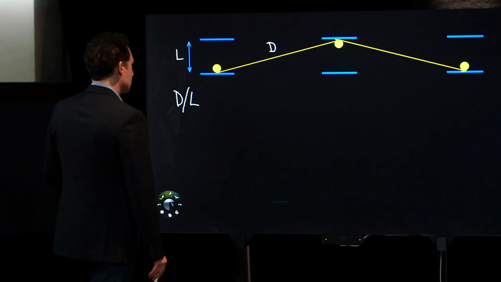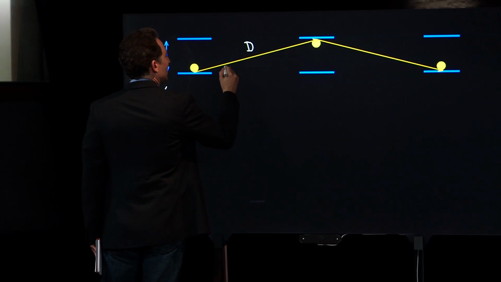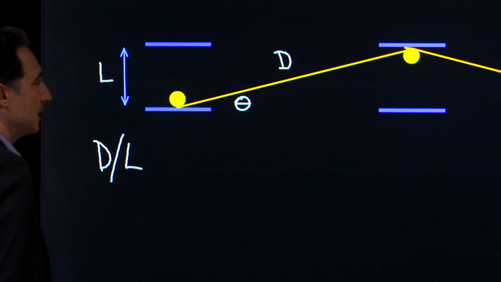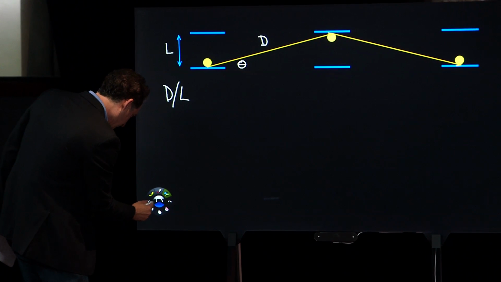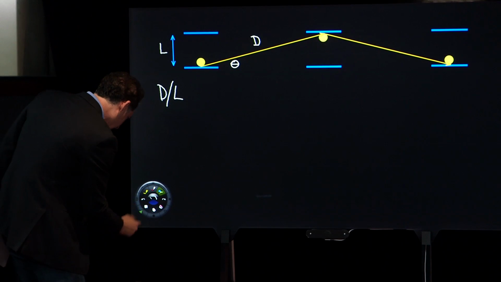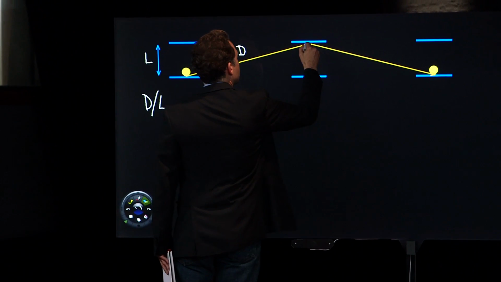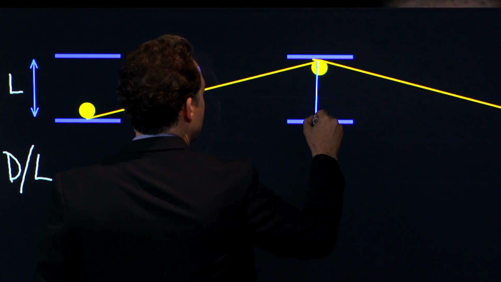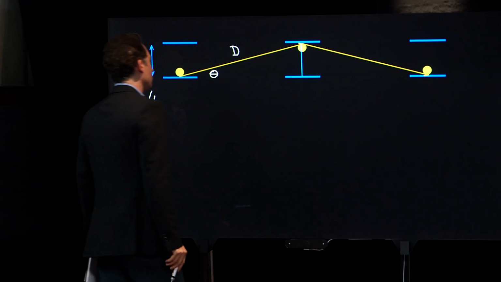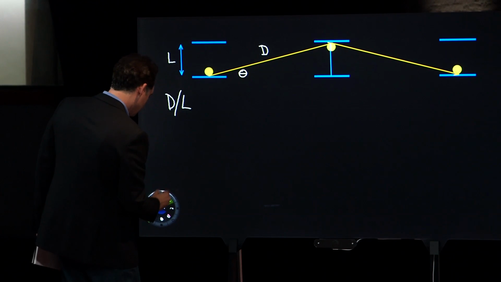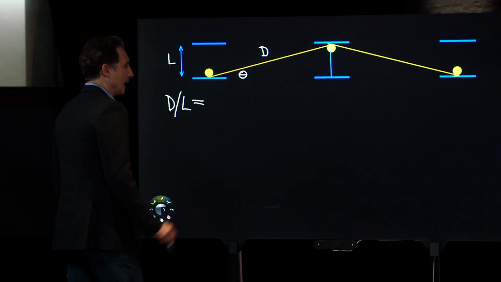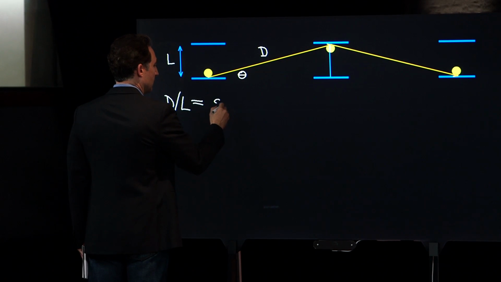Well, let's note that if this angle here is theta, then we're in the happy situation that we've got a simple right triangle at our disposal. So if I drop this guy over here, then I note that d over L can simply be gotten from looking at sine of theta, right?